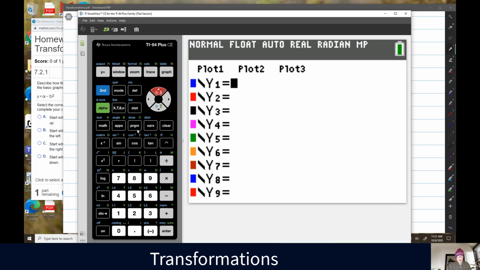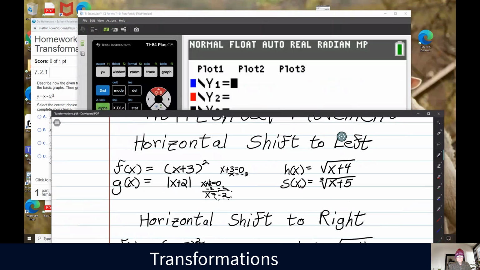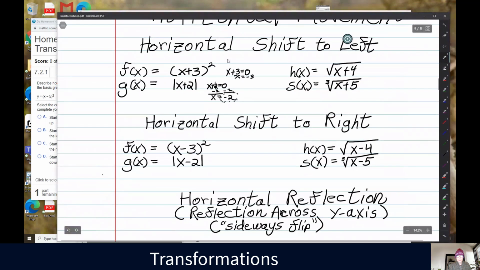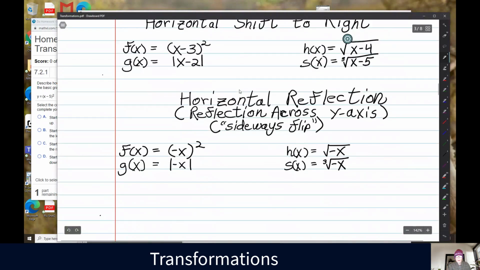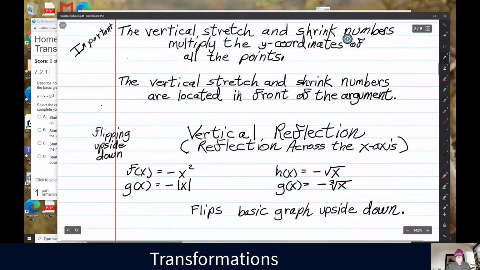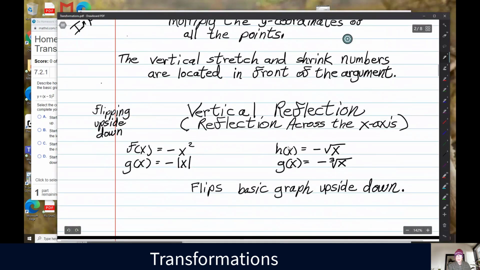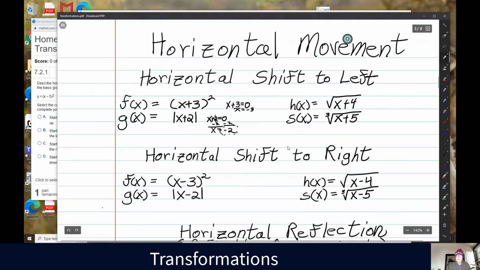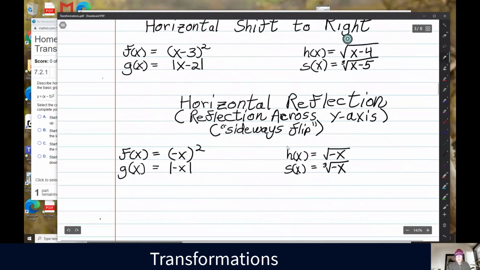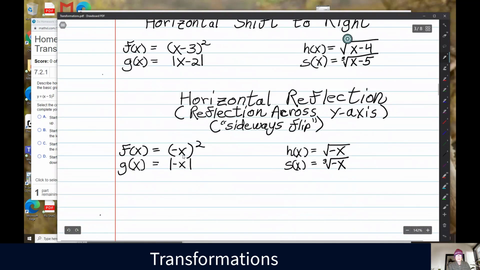Okay, if you can have a vertical flip upside down, you ought to be able to have a sideways flip. And you can. Now the thing is, you're not going to see anything happen here. It's really strange, but you'll see.